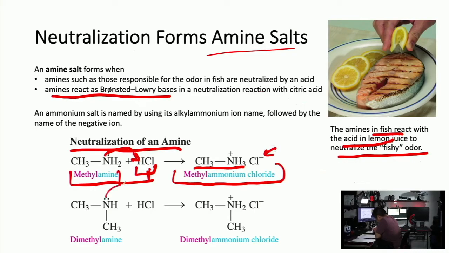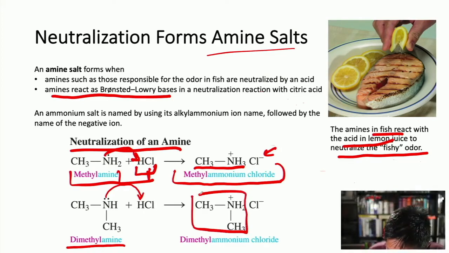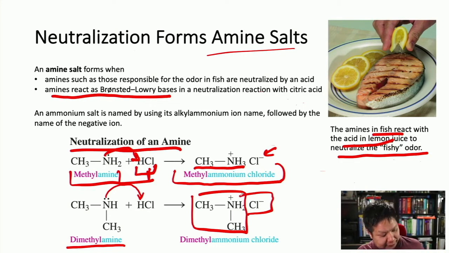These electrons from this amine will take that proton from the chlorine, giving the dimethylamine a positive charge, making it the dimethylammonium ion, side by side with the chloride ion, right? And those are the amine salts.